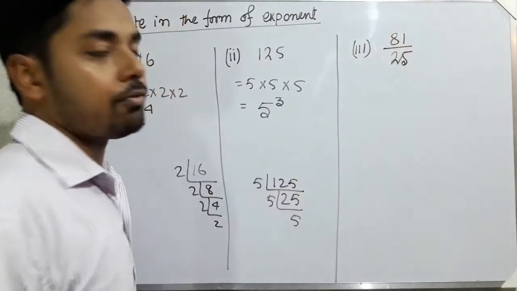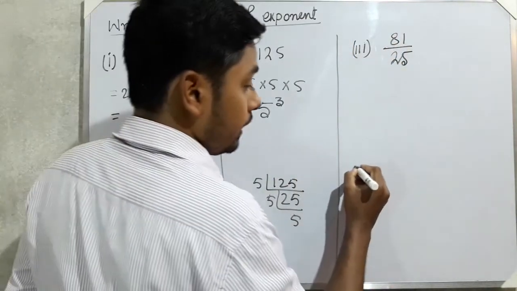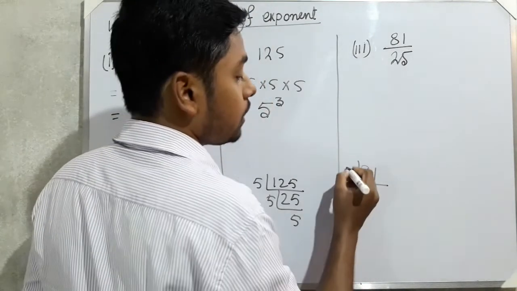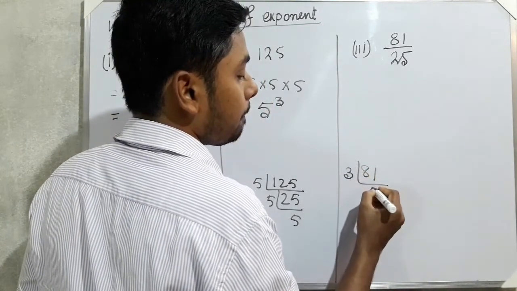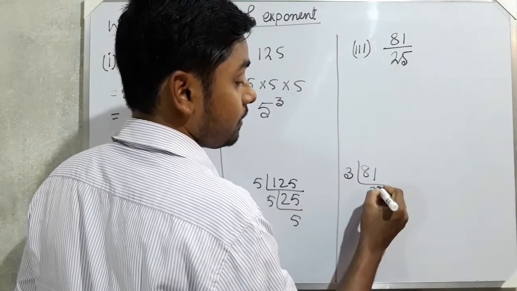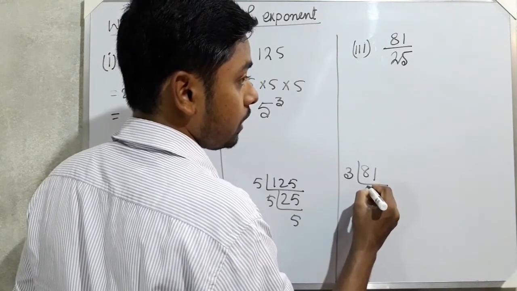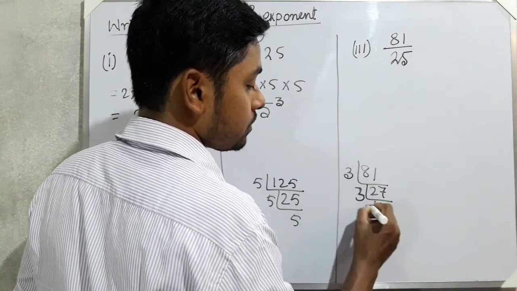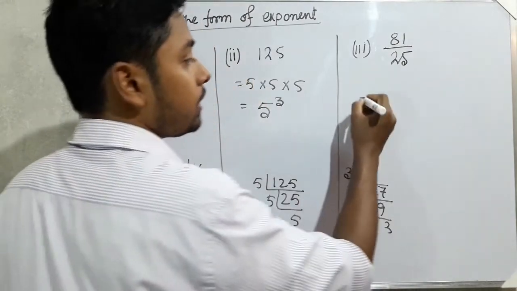Same thing here also, in the fractional form. So first of all 81. Find the prime factorization of 81. 3 times 3 is 9, 3 times 9 is 27, 3 times 27 is 81.